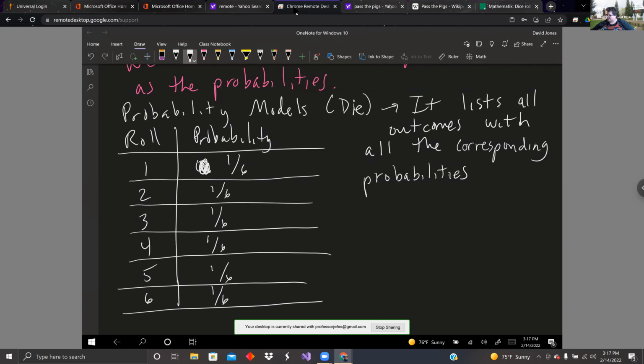And we can verify it as a probability model if it meets the rules of probability.